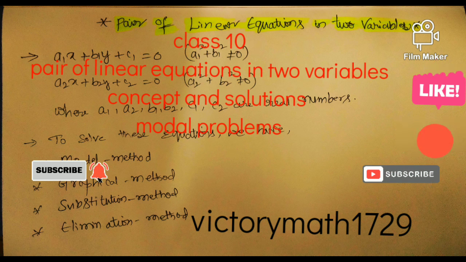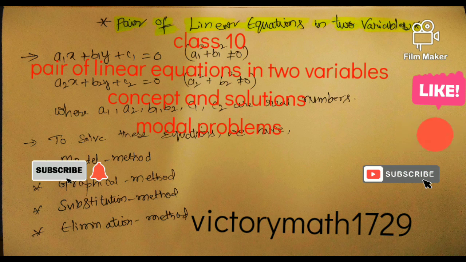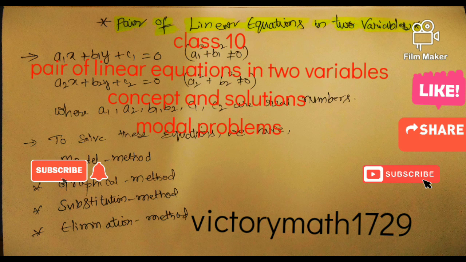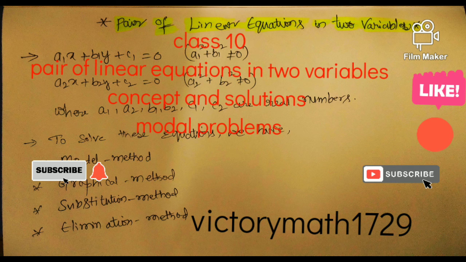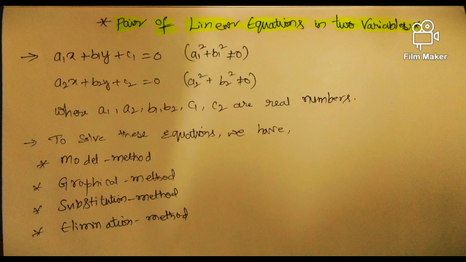The general form of these two equations is a1x plus b1y plus c1 equals 0, and the second one a2x plus b2y plus c2 equals 0. Here a1 square plus b1 square should not be equal to 0, and similarly a2 square plus b2 square should not be equal to 0, and a1, a2, b1, b2, c1, c2 are any real numbers.